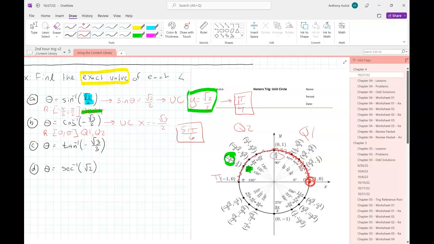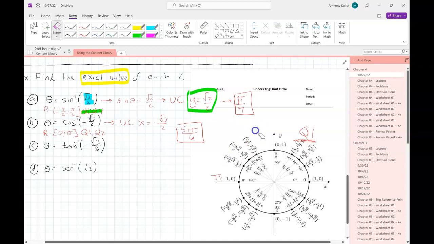Up to here is pi over 2. So I'm going to keep going. To here is pi. So I've covered all the angles that live in quadrant 1 and all the angles that live in quadrant 2. And then I stop because that's where my range ends. Does that make sense? Yeah. So I'm not doing any calculation. I'm just kind of looking with my eyes.